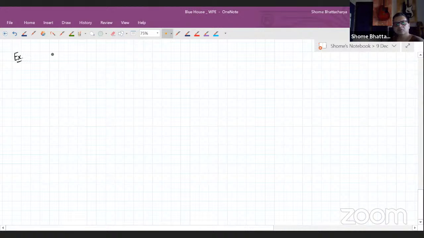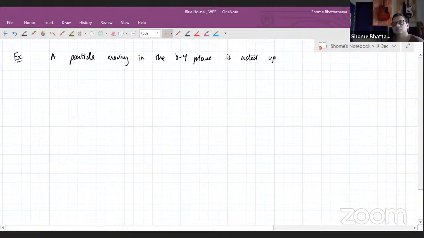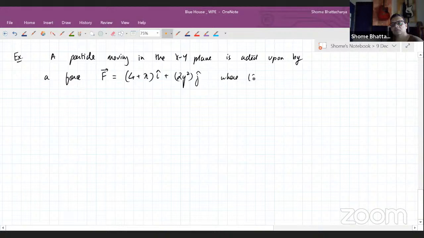So in this example, a particle moving in the xy plane is acted upon by a variable force given by the equation F is equal to (4 + x) i cap + 2y² j cap, where x, y is the instantaneous position.